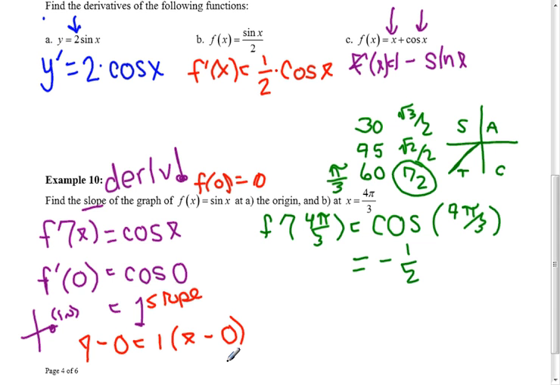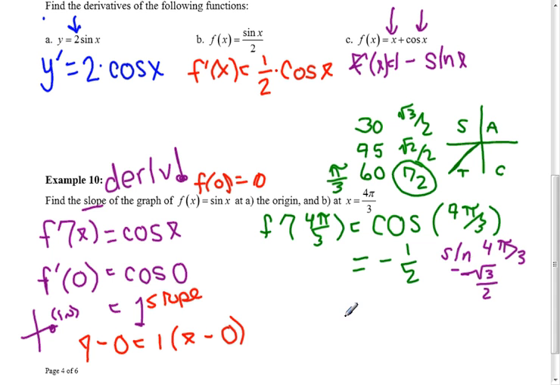Alright, and then if I wanted to do it again for this function now, I have to find a new point. If I plug in sine now of 4/3 pi, that should be negative square root of 3 over 2. No, it's a negative.